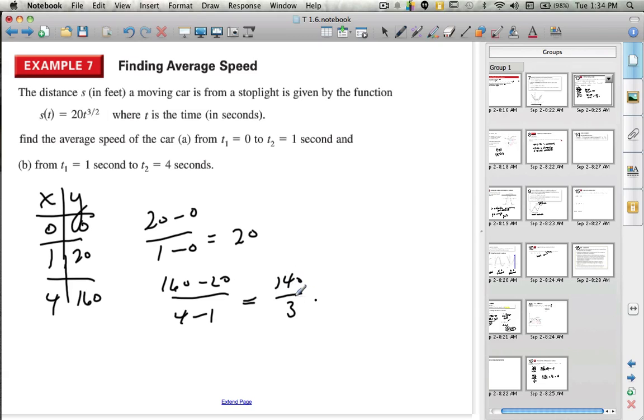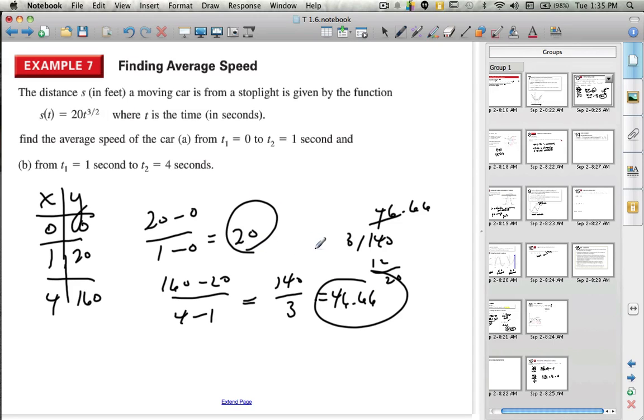So 140 thirds, right, which is a little over 40. If I actually do the division, 140 divided by 3 is 46.66. All right, so you can see that the speed, which we know actually from physically driving away from a stoplight, increases over time.